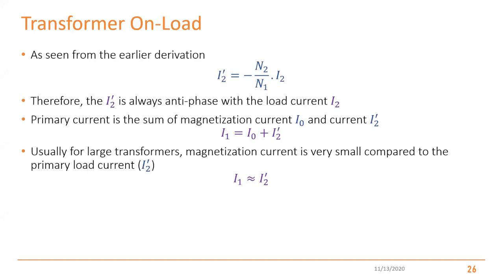Therefore, if it is said that it is a large transformer, it is safe to assume that I naught is negligible. If you want to approximate, you can use the primary current as totally equal to the current required to neutralize the secondary flux. Those are the important things you should understand about the on-load operation of the transformer.